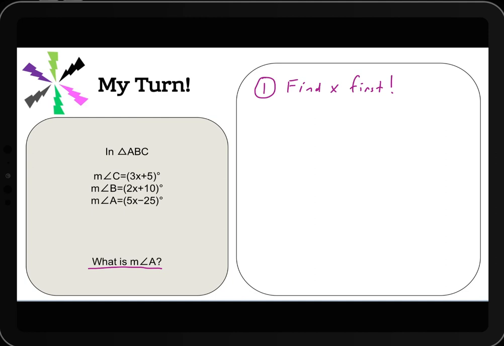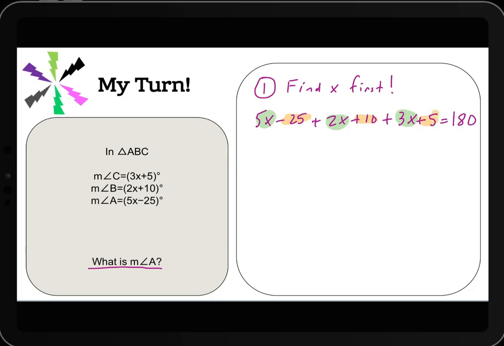And what we do is we take all three expressions for every angle, and all we have to do is just add them together. Now each expression is an algebraic expression, meaning it has variables and numerical values, but we know that they're just angles, and the sum of all the angles in a triangle has to equal 180. So highlighting this in green, 5x and 2x and 3x are like terms, and negative 25, positive 10, and positive 5 are like terms.